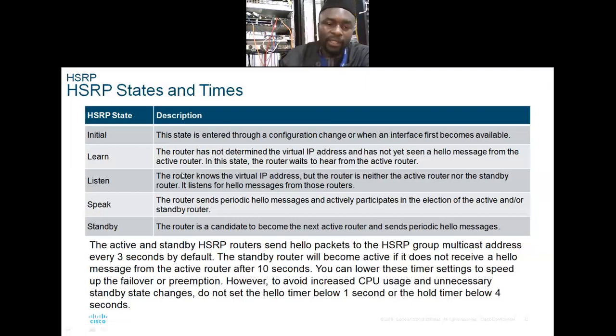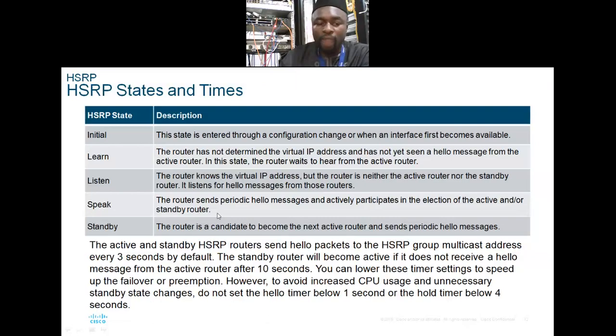Listen is when the router knows the virtual IP address, but the router is neither the active router nor the standby router. It listens for the hello message from the other routers before it takes its decision. Speak: the router sends periodic hello messages and actively participates in the election of the active and or standby router.